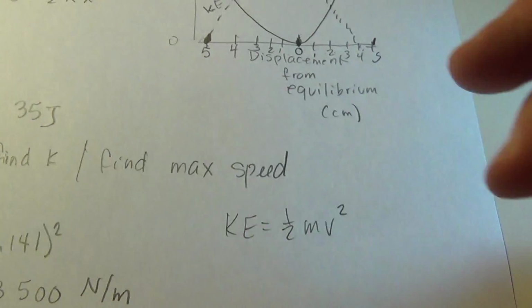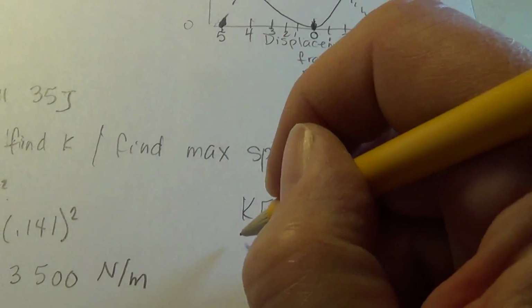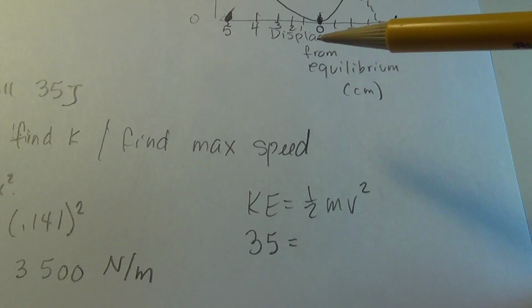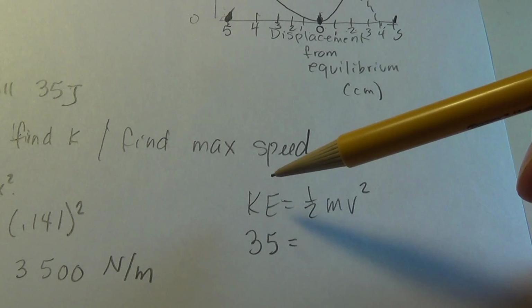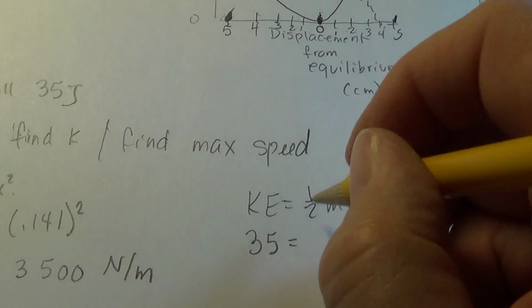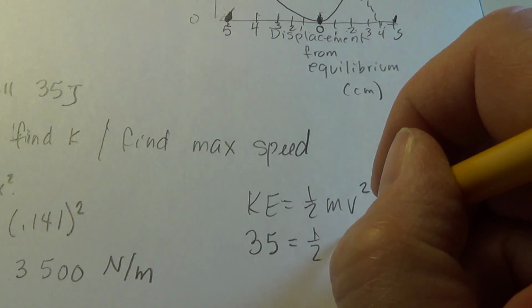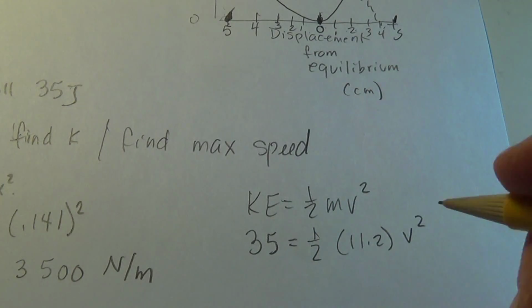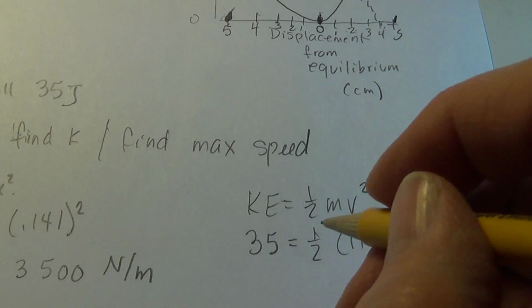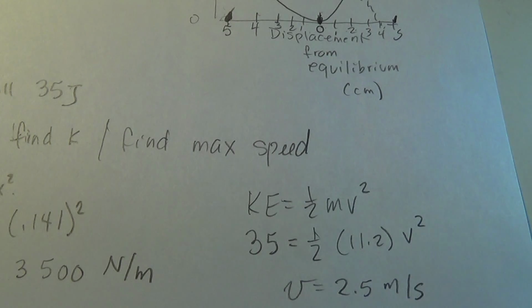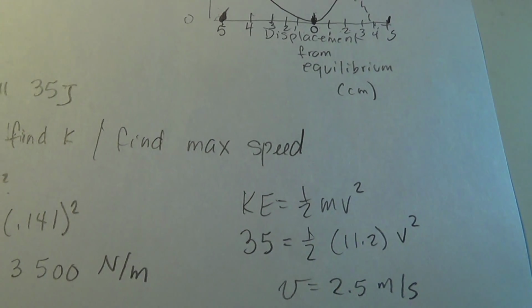It's a little tricky, but we can put that 35 in at the equilibrium for KE, and we can put it in at amplitude for PE, and that equals 1/2 times the mass, 11.2, and velocity squared. When we solved that, we got 2.5 meters per second.